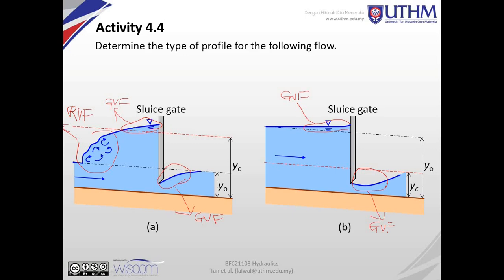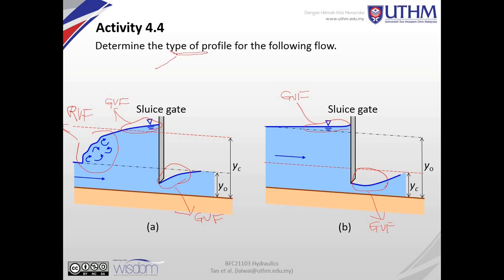In the question, they ask us to give the name of the profile type of the GVF. Talking about the profile type for GVF means that we need to give the name for the GVF.